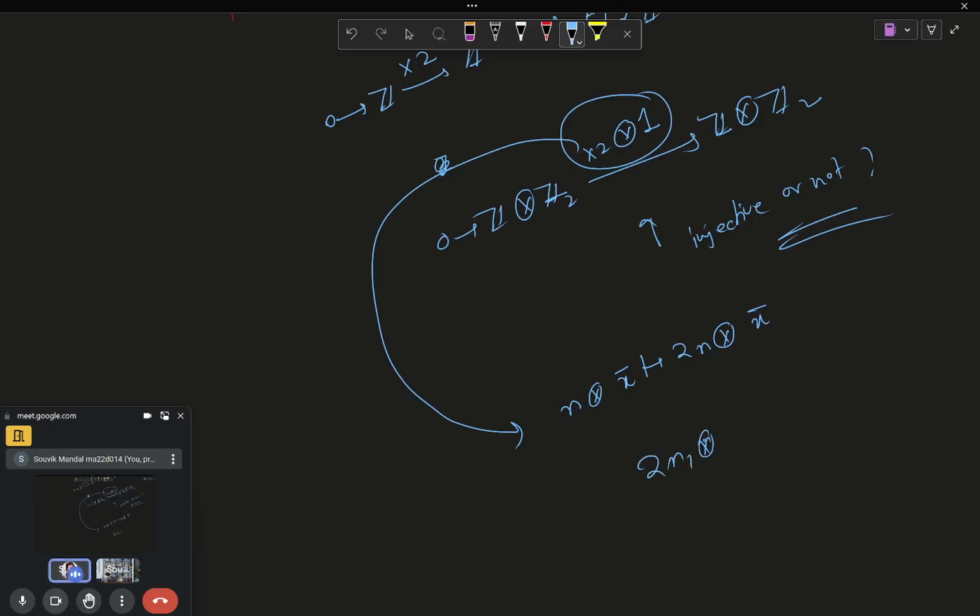Then take a single side to both. Here it is x2 bar and x1 bar. So how will you take them equal? I mean, you are taking this equal to 0, right? Yes.